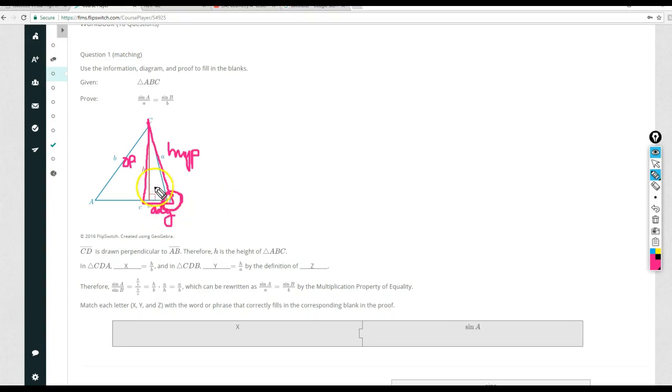So then, since the ratio is H over A, I'm thinking, what trig function gives me the ratio of the opposite side length, since that is H, over the hypotenuse side length, since that is A, and that is our sine. So sine B is going to equal opposite side length over our hypotenuse side length.